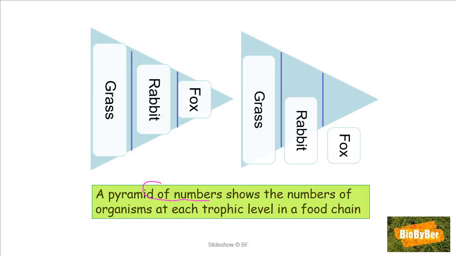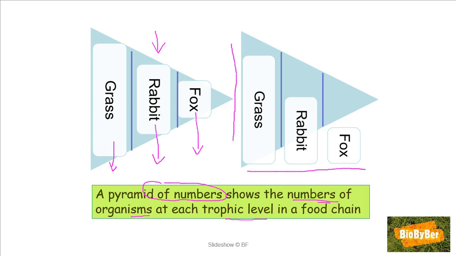A pyramid of numbers shows the numbers of organisms at each trophic level. Now what's interesting here is if we turn our pyramid on the side like this, and then if we pull the labels down a little bit and leave them all on the same level, we will start to realize that a pyramid of numbers is rather like a graph or a bar chart.